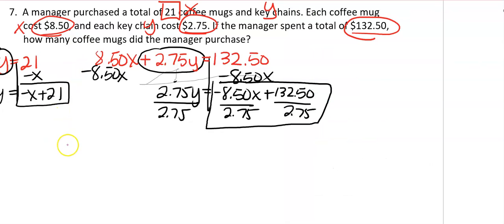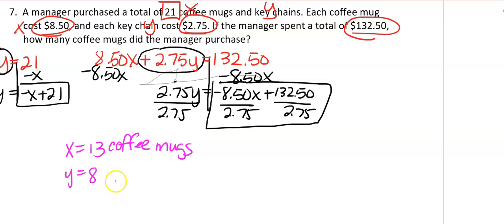So I got that x equals 13 and y equals 8. All right, so 13 and 8 equals 21. So that means x is coffee mugs and y is keychains. And the problem is looking for coffee mugs. So 13 is the answer you would enter in.